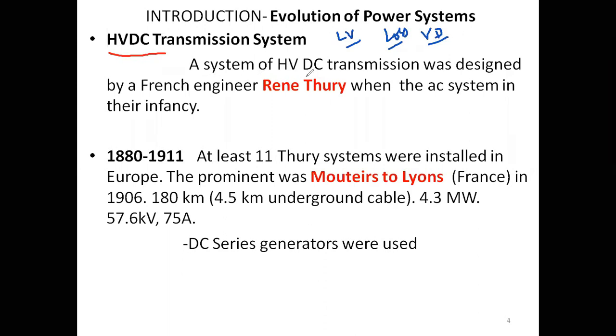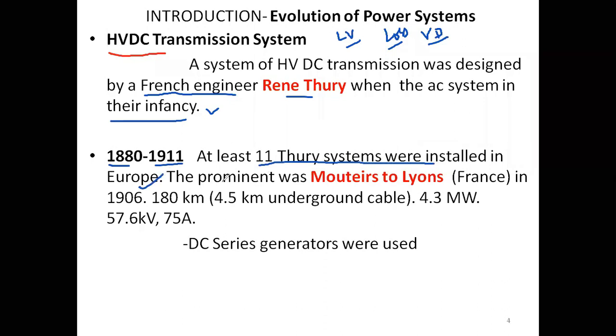That's why an HVDC transmission system was designed by French engineer René Thoury when the AC systems were in their infancy, and when the AC system was slowly becoming popular. During 1880 and 1911, 11 Thoury systems were installed in Europe.